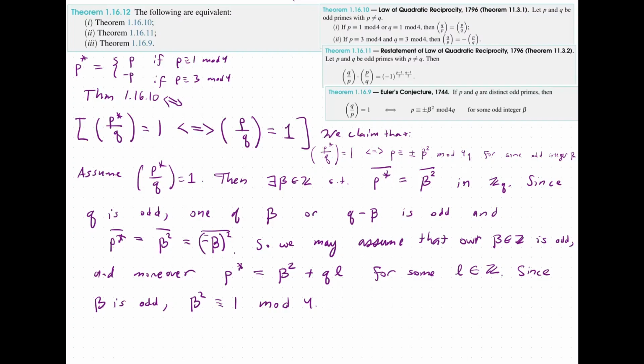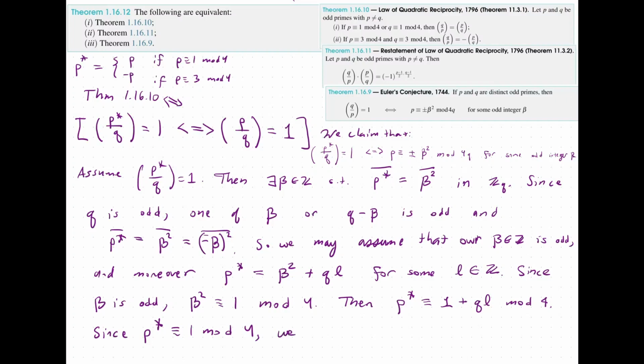So if we go ahead now and reduce this equation mod 4, then P star is congruent to beta squared, which is 1, plus Q times L mod 4. So we have this here. But we already know that P star is congruent always to 1 mod 4. So that's the way we went about constructing our P star, so that it was always congruent to 1 mod 4.